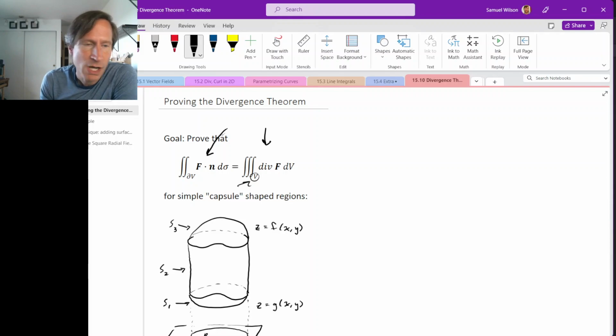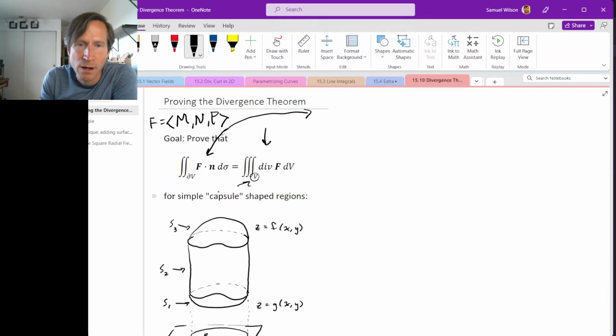Okay, so to get us started, let's just write out what these two things actually are. As we do this, remember that our usual notation for the vector field is to call the coordinate functions capital M, capital N, capital P, right?